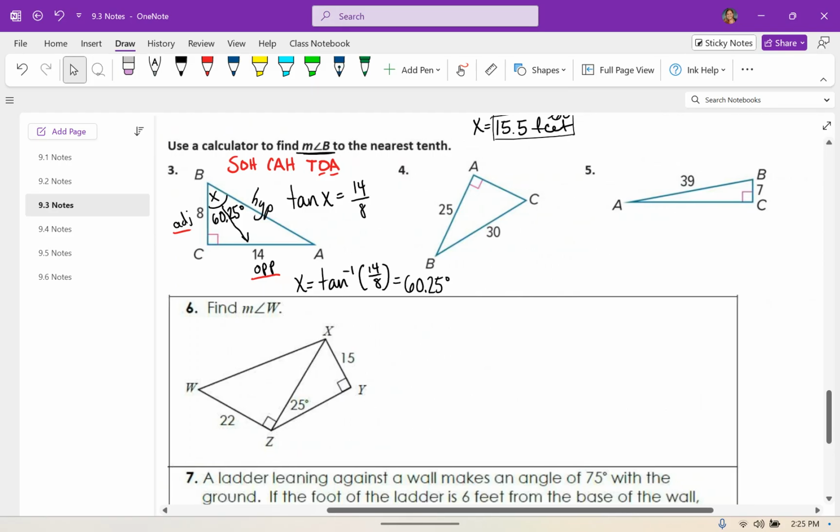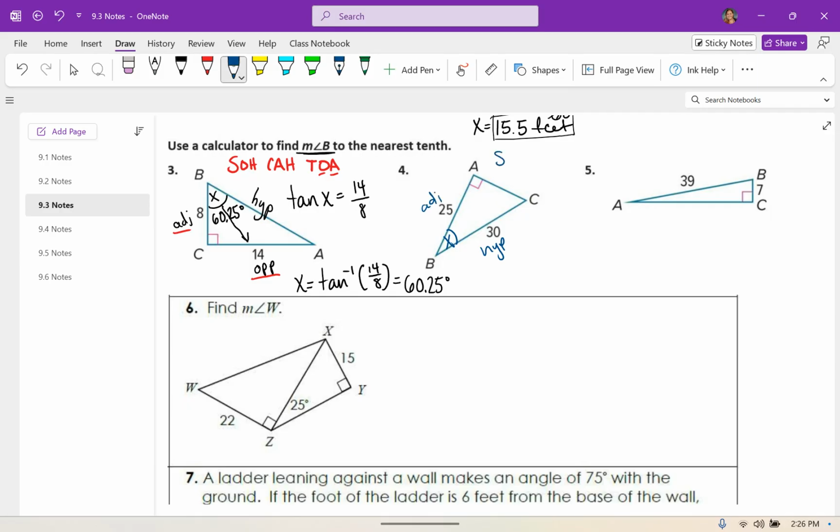I'm going from angle B. So this is my angle B. And I am given the hypotenuse and adjacent. So if I write SOHCAHTOA, I'm looking for the hypotenuse and adjacent, A and H, cosine. So cosine of x equals adjacent over hypotenuse, 25 over 30.